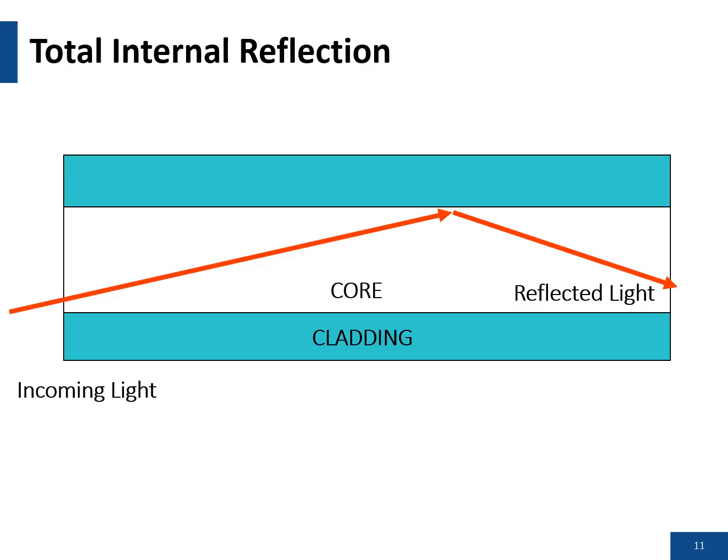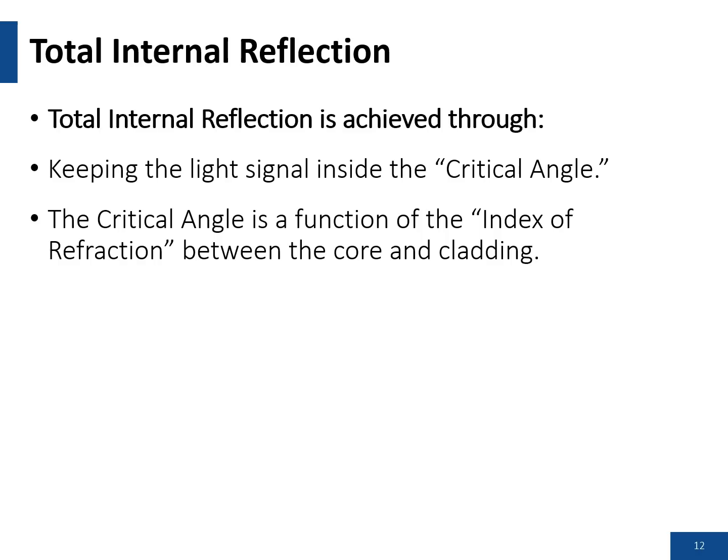If it's not the appropriate angle, it will refract. This is called a critical angle. Total internal reflection is achieved through keeping the light signal inside the critical angle, and the critical angle is a function of the index of refraction between the core and the cladding.